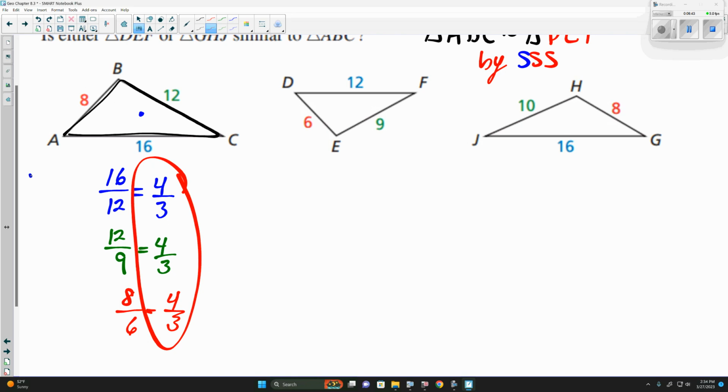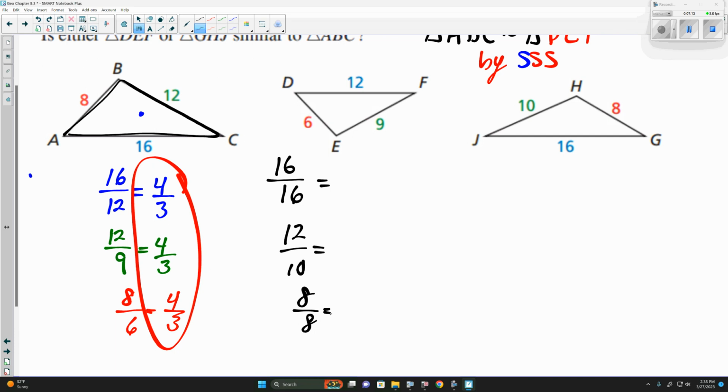Now we can look at ABC and GHJ because we would have 12 over, well, let's do 16 over 16. Biggest sides are 16. Then our middle side is 12, and the middle side of the other triangle is 10. And lastly, we have 8 and 8.